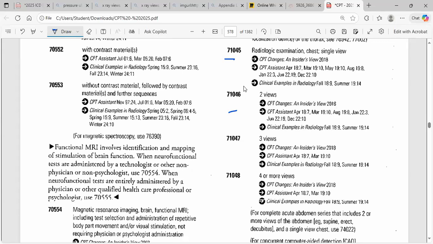So we are going to use the 71046 CPT, and if we use 71046, we rule out option B and option C, and we are left with option A and D only. The difference between option A and D is modifier 26. So how will we identify whether we should use the modifier 26 here or not?